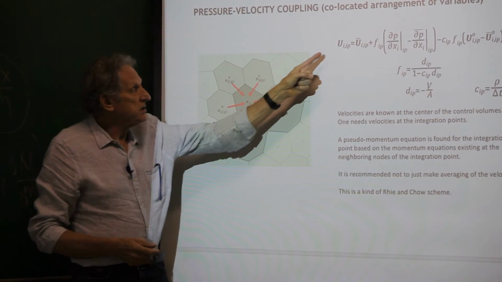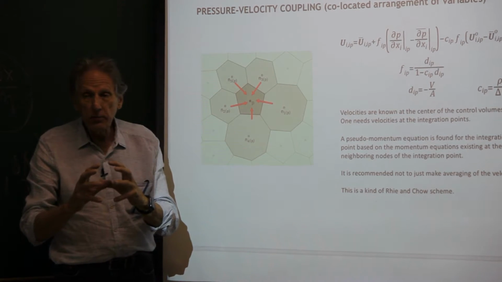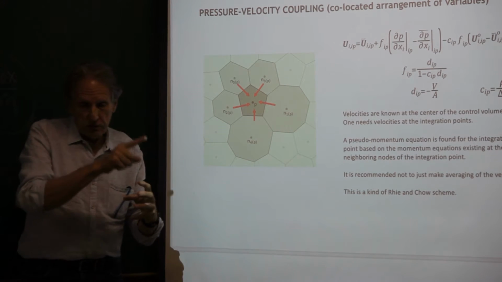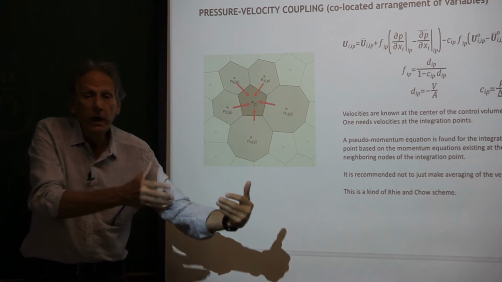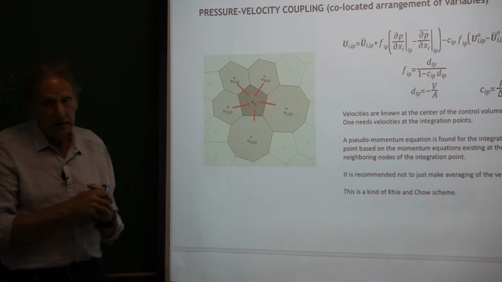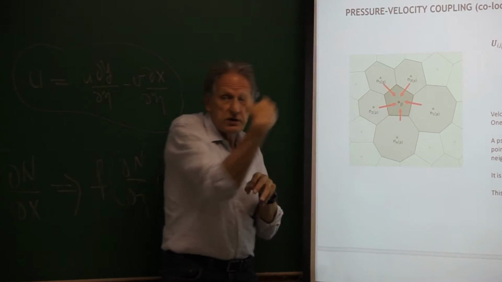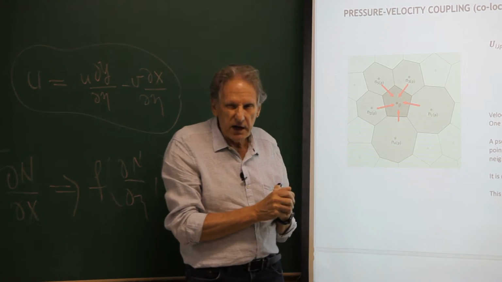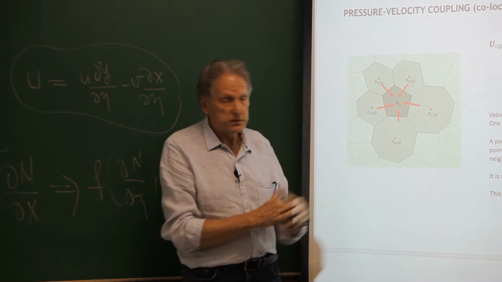So when you use this velocity to calculate mass flow, all the influence of surrounding velocities and surrounding pressure gradients will enter the mass conservation equation, and the mass conservation equation is also used to calculate the other variables, because mass carries all other variables.